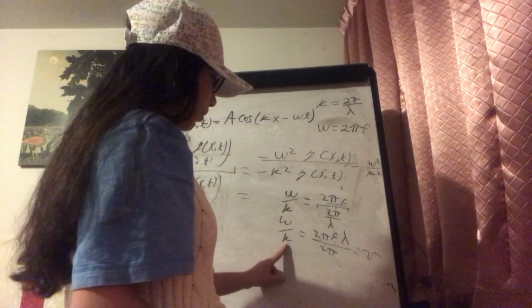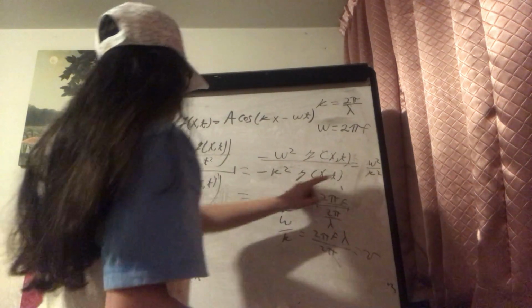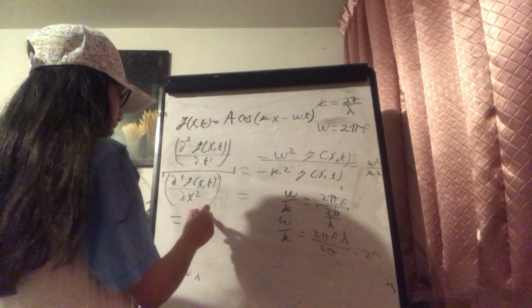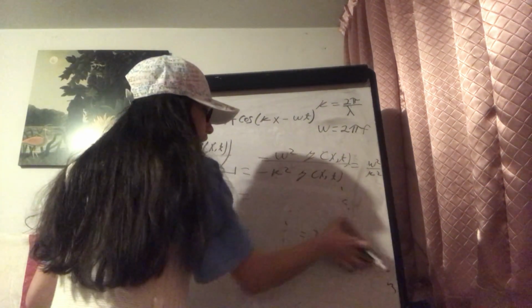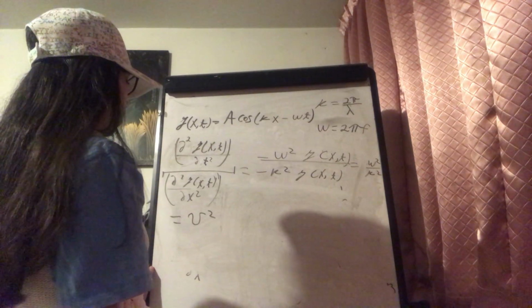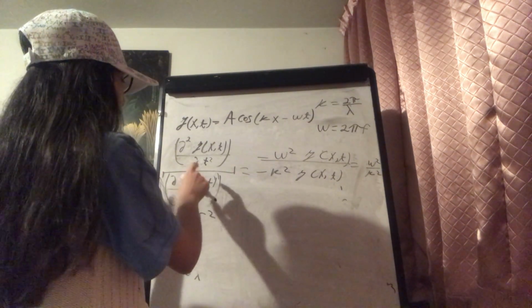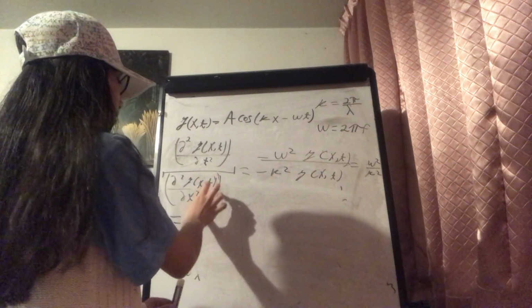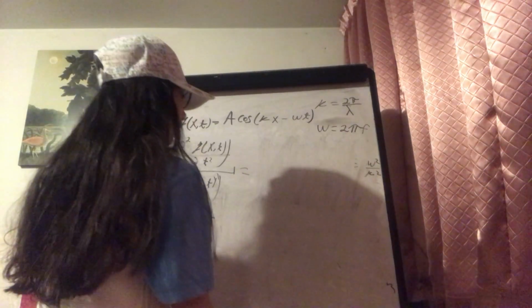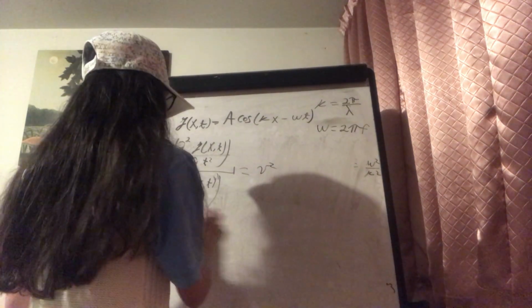So omega over k is the velocity. So here we have that all this is equal to the squared velocity. We can arrange this, let me put this alone. I have it equal to the velocity squared.